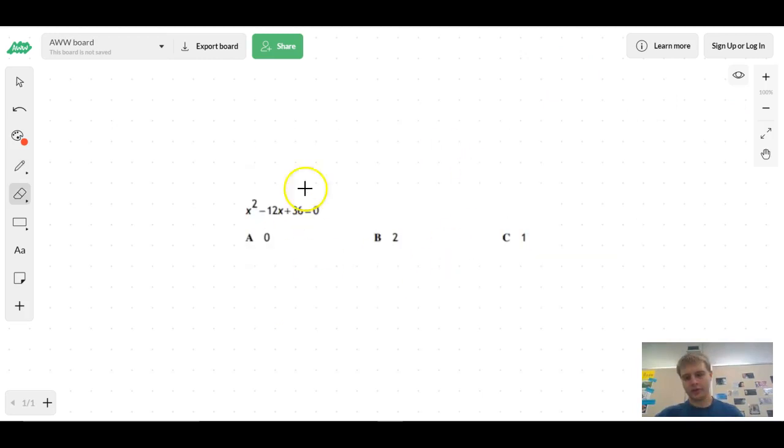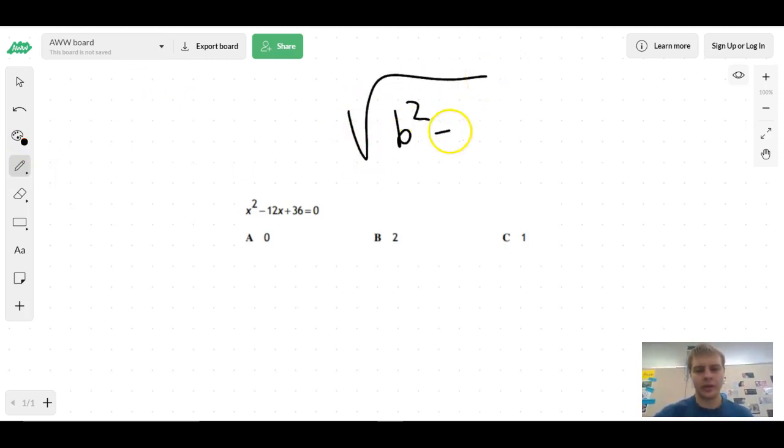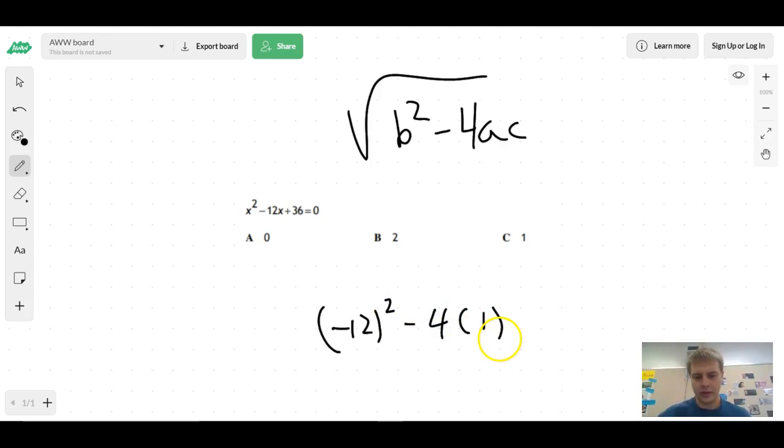Let's try the last. So for this one, they want to know how many answers they will get. So again, this is a discriminant question. So we just care about the underneath part of the square root and to see how many answers we'd get from that. So underneath the square root is b squared minus 4ac, which for us would be negative 12 squared minus 4 times 1 times 36.